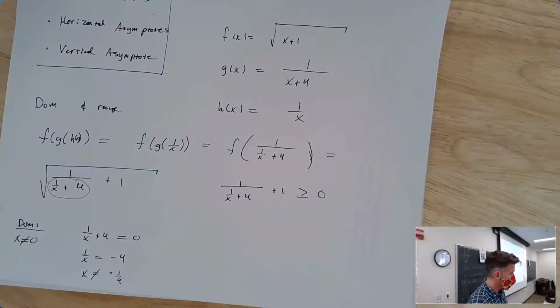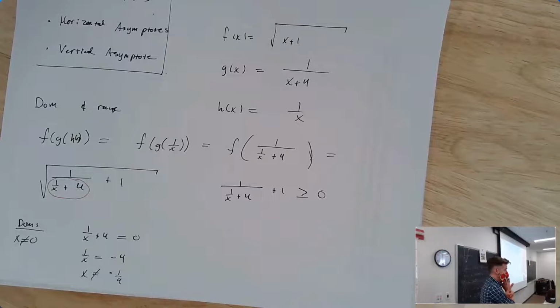Now this is where things are a little dicey, because as soon as you start multiplying by variables, it's really a bad idea to multiply an inequality on both sides by a variable. Is x positive or negative? We don't know. It could be either. If x is negative and you multiply both sides by x, you have to change the direction of the inequality.